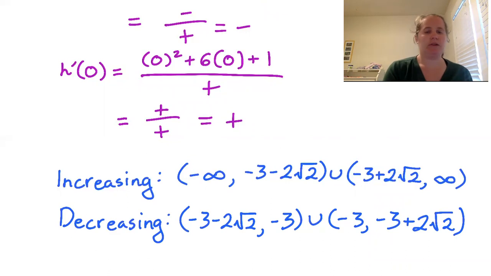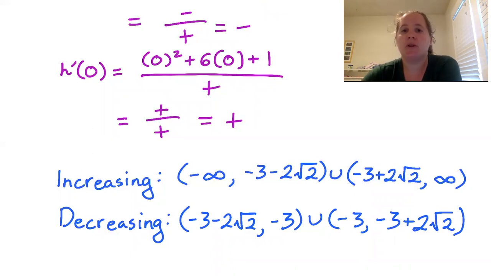But this is just figuring out increasing and decreasing. Again, I did the same color coding as the last time, so the steps are kind of laid out. But this is a way for you to go about figuring out where the function is increasing and decreasing precisely without using a graphing calculator, without graphing the function.